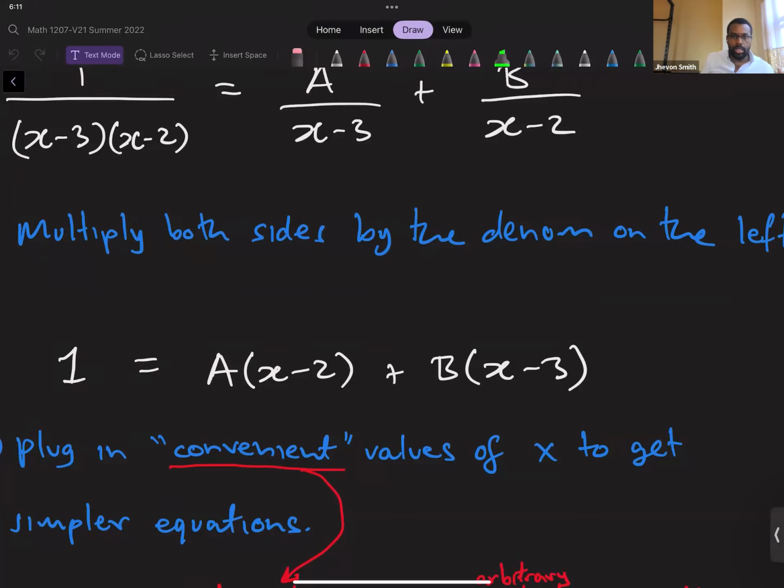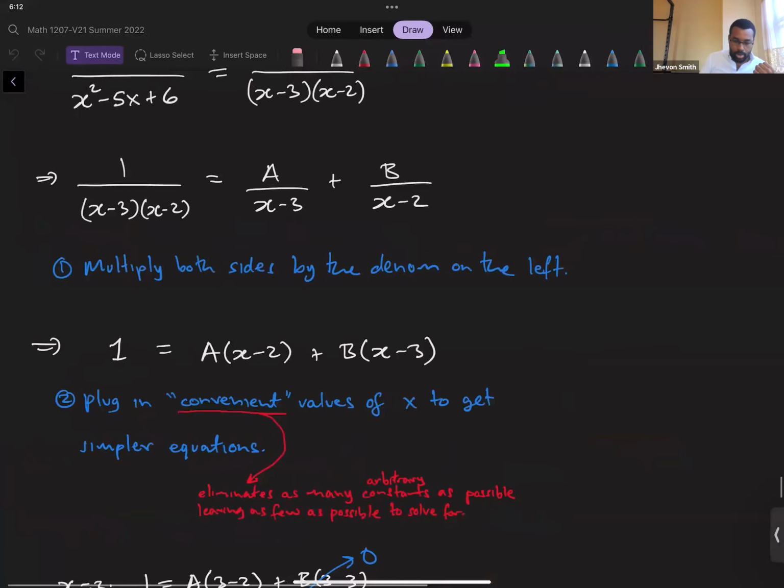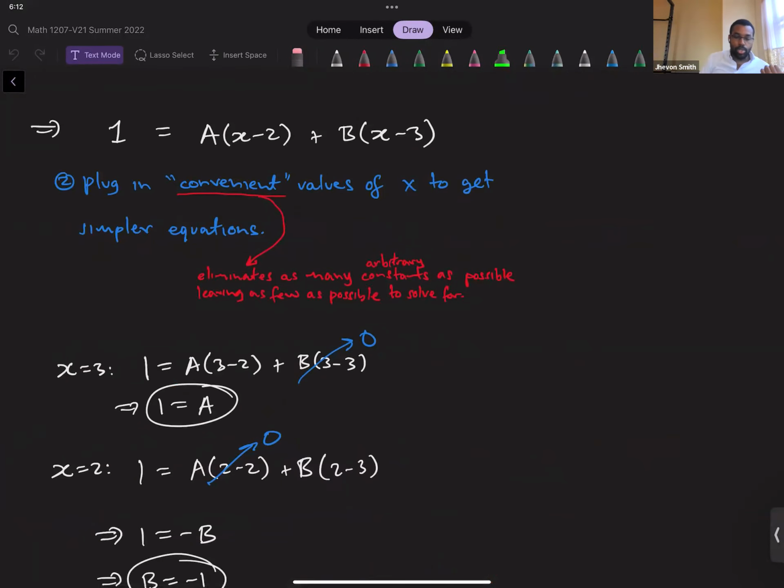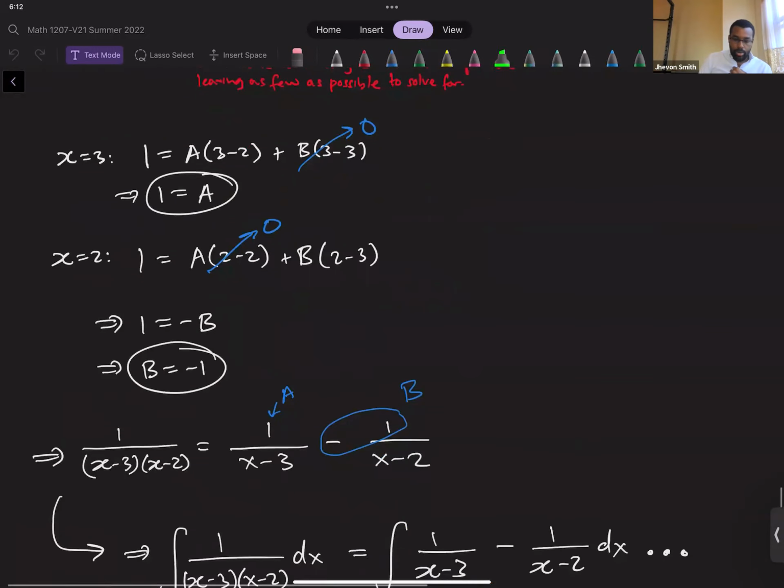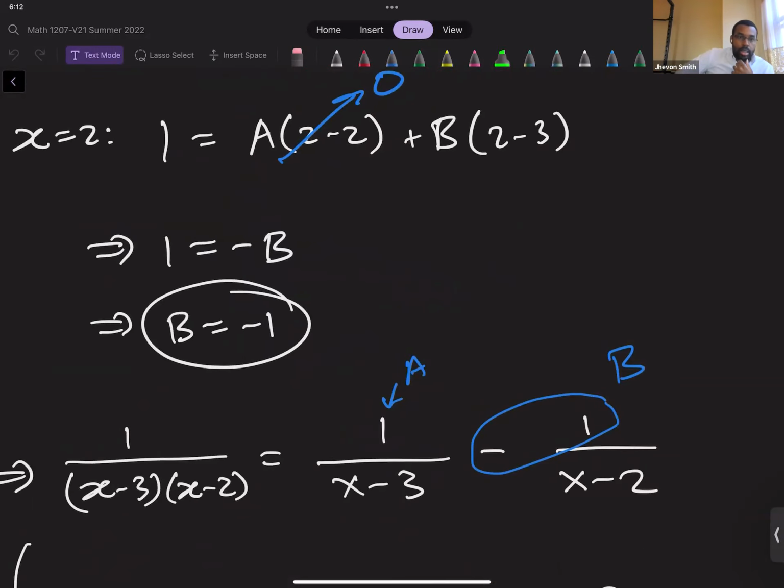One method is to just plug in some convenient x values, values where you can eliminate some of the expressions so you can solve for the remaining ones. In this case, if I plugged in x equals 3, that would kill the B expression and I can solve for A. If I plug in x equals 2, I kill the A expression and I can solve for B. That way I can figure out that the fraction 1 over x minus 3 times x minus 2 is equal to 1 over x minus 3 minus 1 over x minus 2.